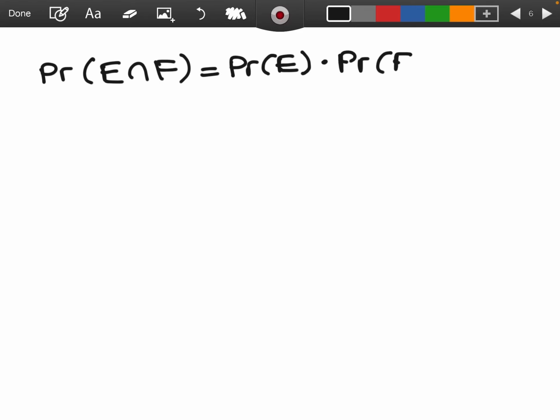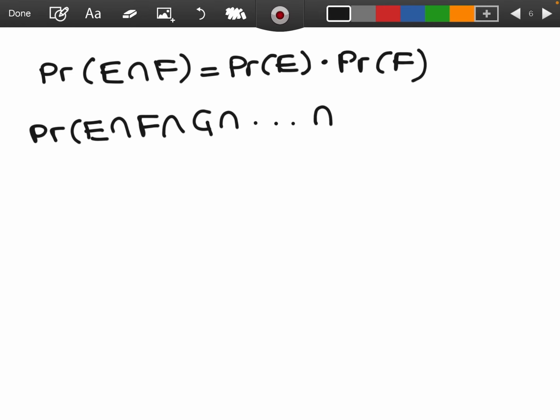You can extend this idea if you are looking at multiple different events. Okay. Going back to when we were looking at independence, we said that the probability of E intersect F, because of the probability of E given that F has happened equal the probability of E, we said that this equaled the probability of E multiplied by the probability of F. Okay. You can extend this. And you can go all the way along, let's say, to Z, okay?